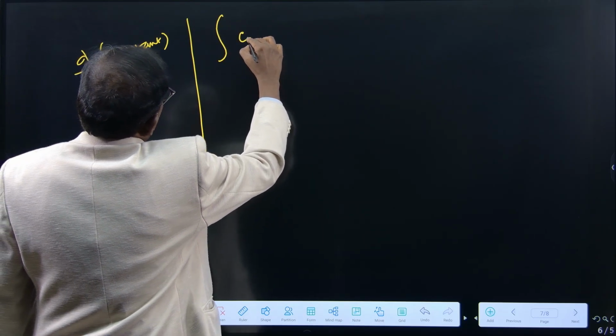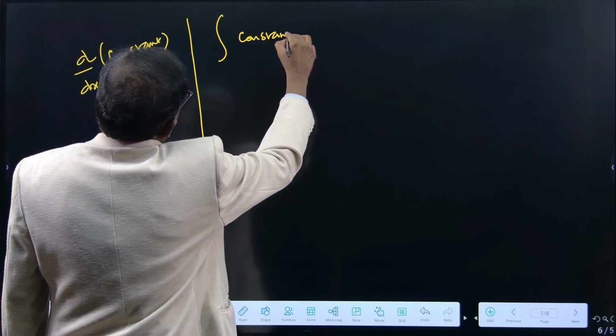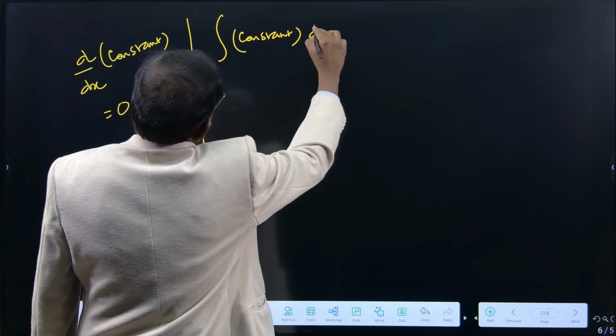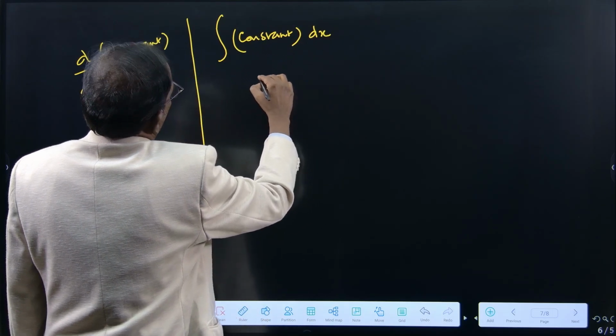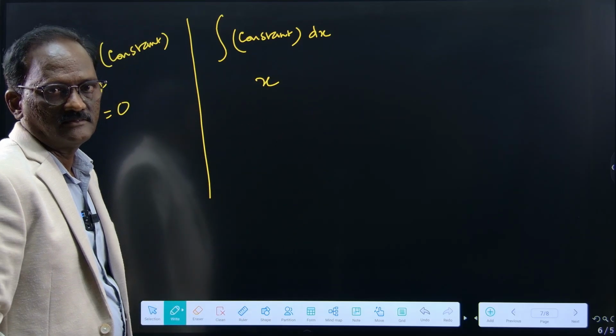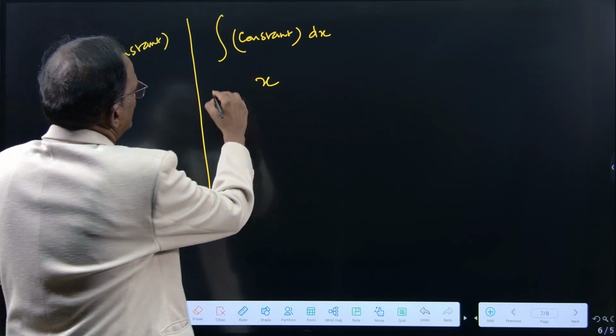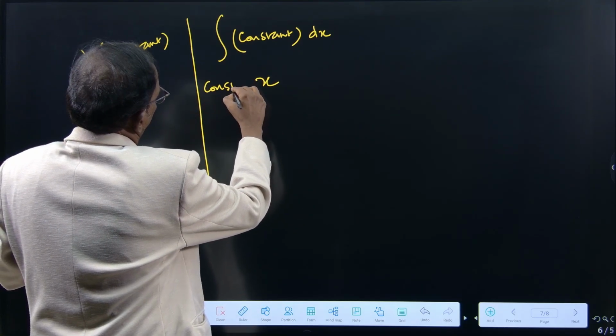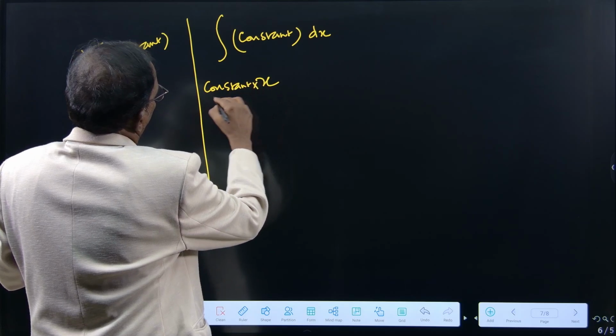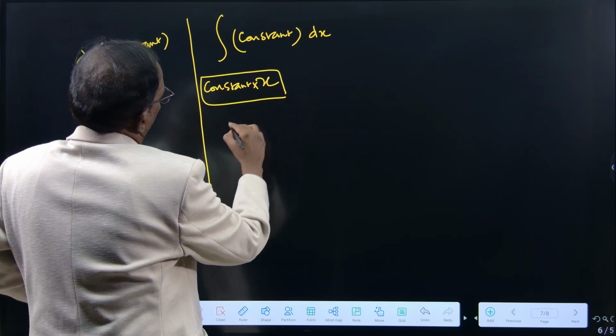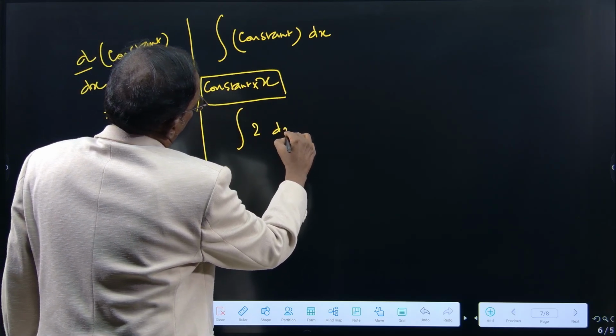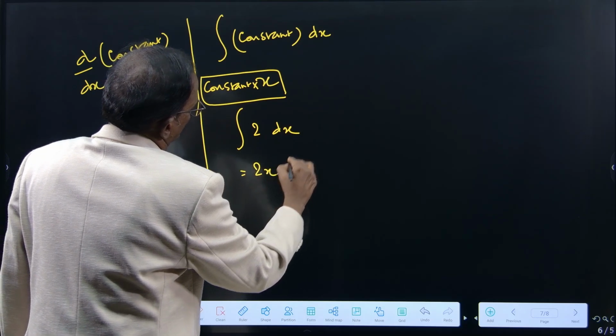Integral of any constant is equal to x, if it is a constant into x. So integral of 2 dx is equal to 2x.